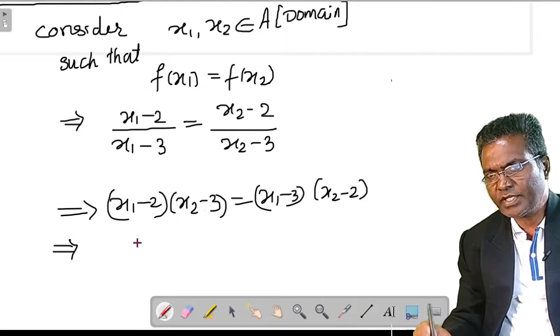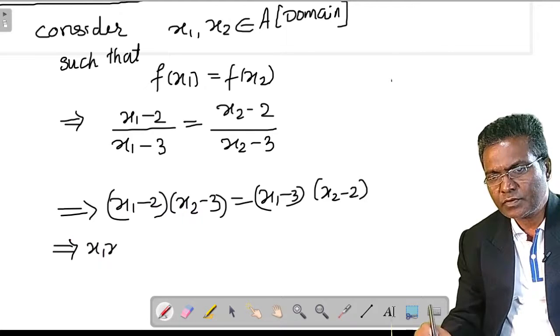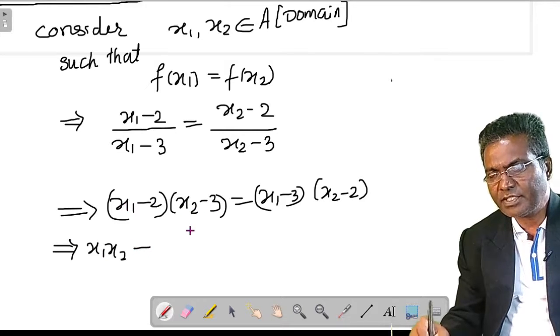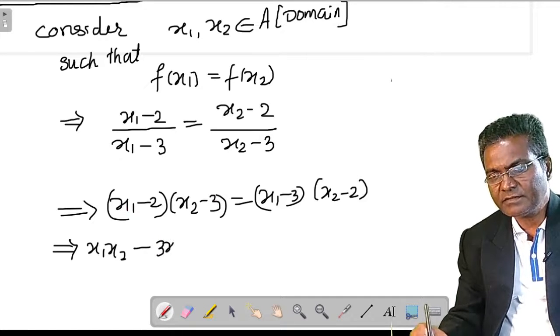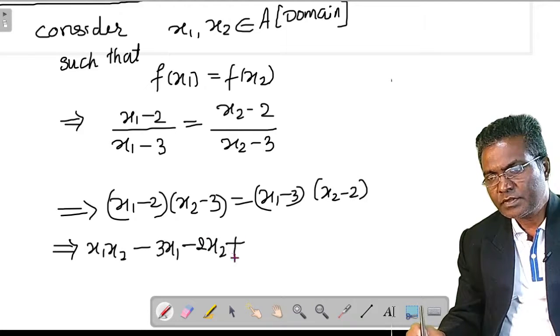x1 into x2 is x1x2, minus x1 into 3 is 3x1, minus 2x2, and minus into minus plus 6.